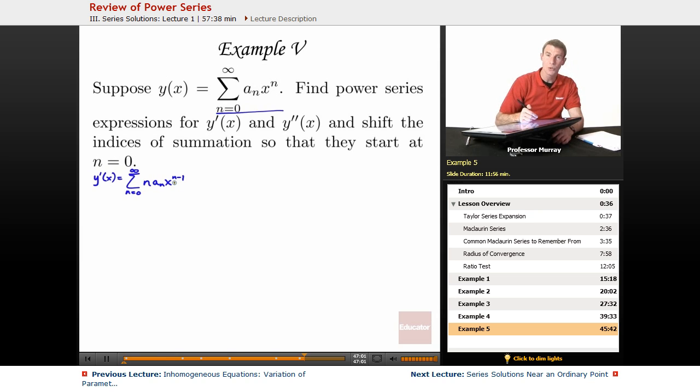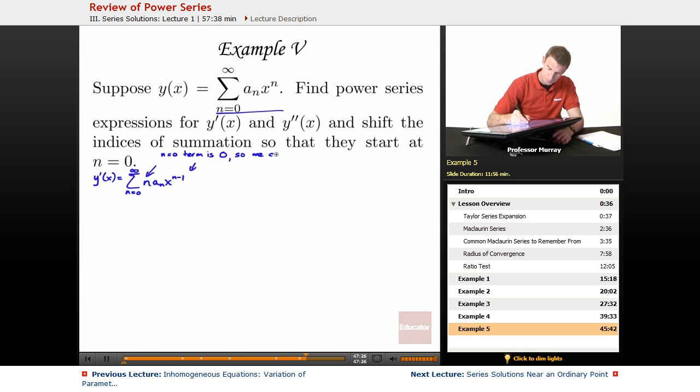And so we get this new series, but you notice that the n equals 0 term is 0, and that's because of this factor of n right here. So that n equals 0 term of that series really doesn't change anything. So in fact, I can leave that off and just start the series at n equals 1.